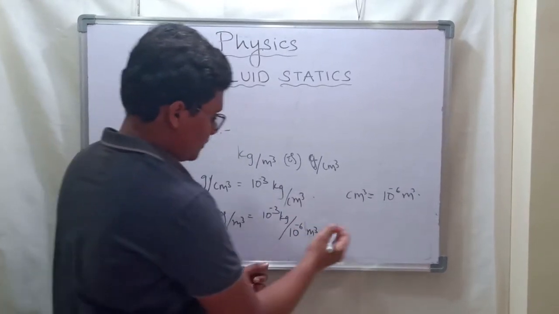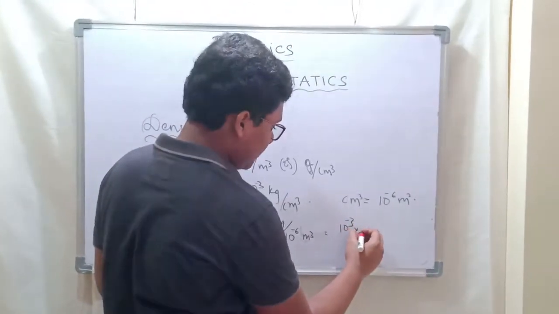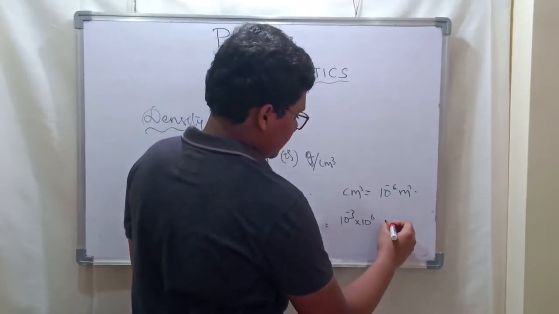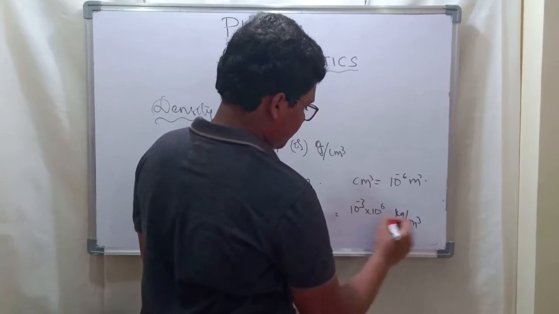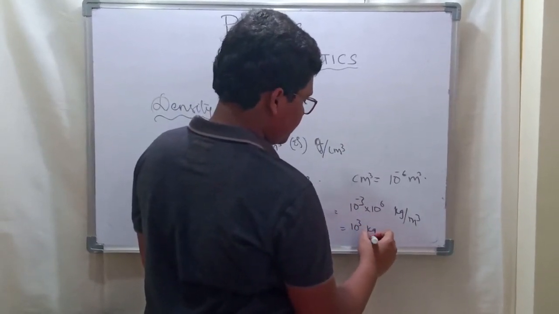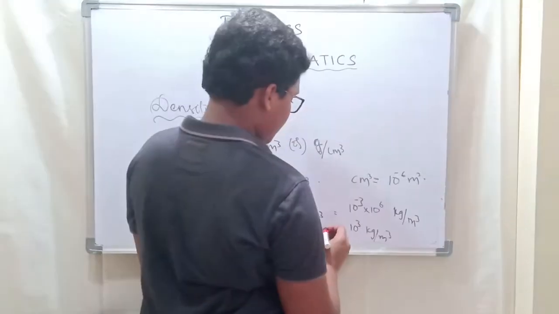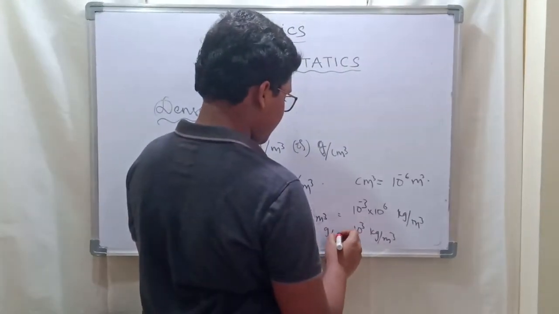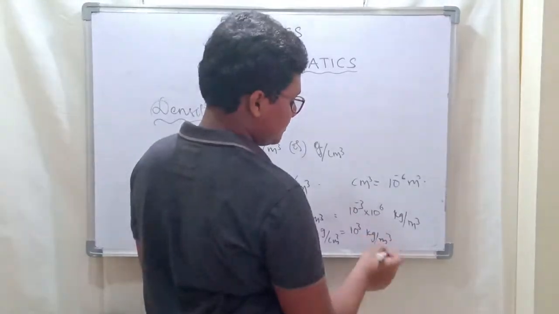The denominator goes up, so we get 10 power minus 3 into 10 power 6 kg per meter cube, which is 10 power 3 kg per meter cube. So 1 gram per centimeter cube is equal to 10 power 3 kg per meter cube.